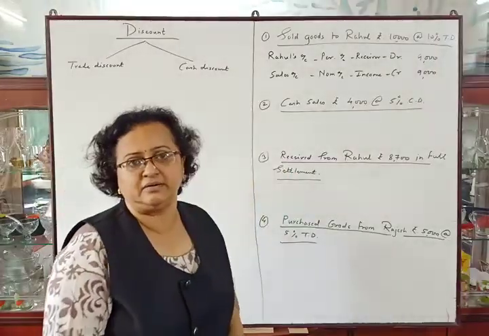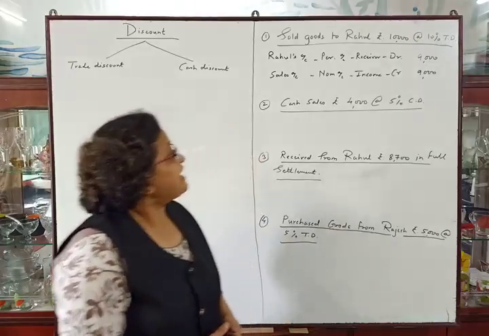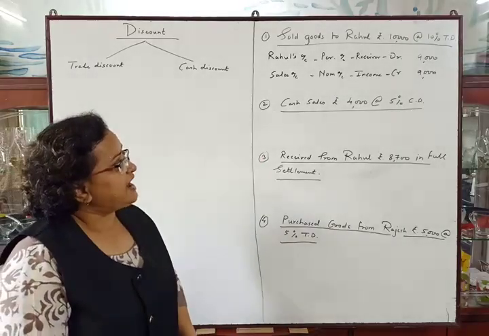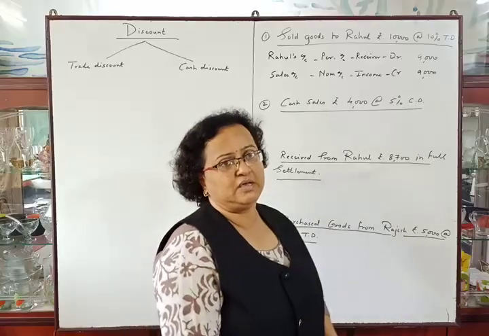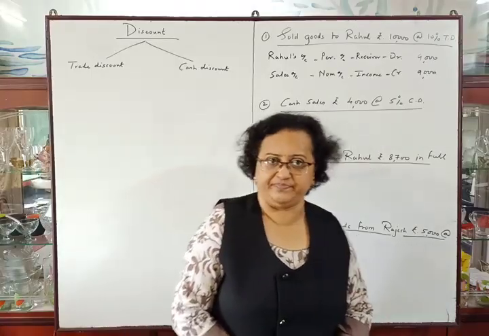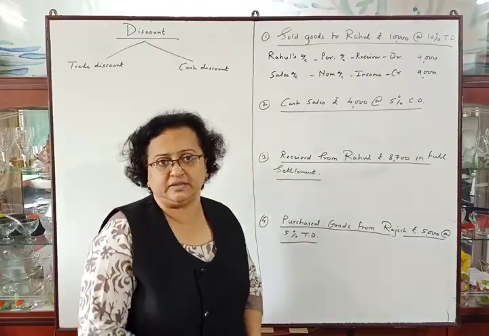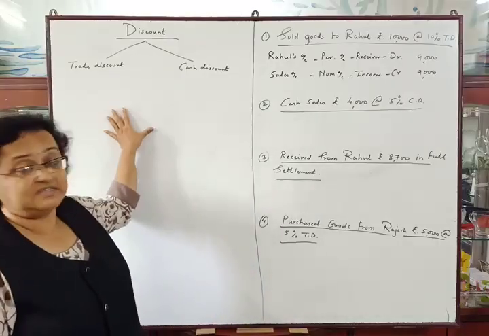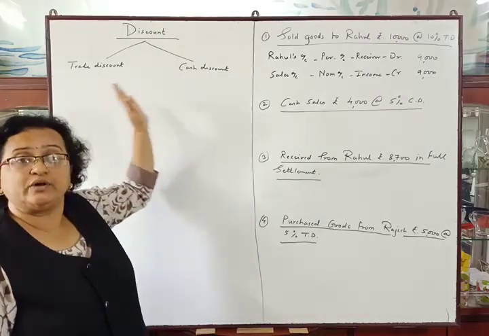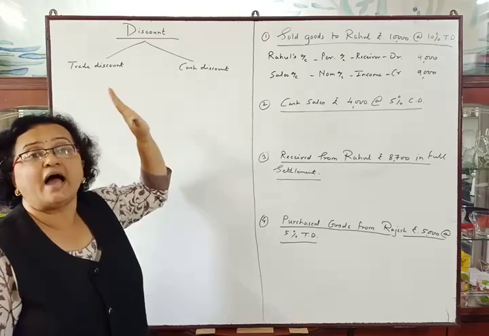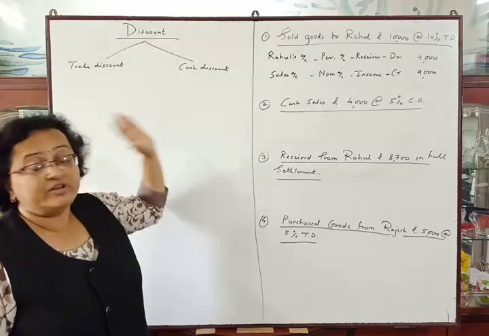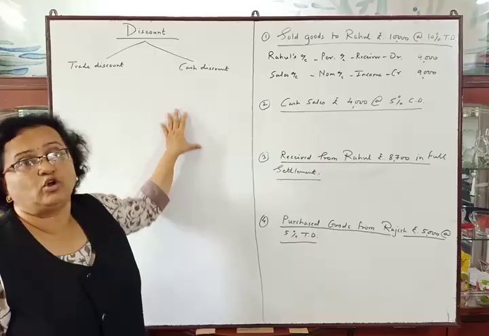Now the second transaction, cash sales rupees 4,000 at 5% cash discount. See, in this transaction cash discount is given, and when we discussed trade discount and cash discount, I told you that we will maintain a separate account for cash discount.